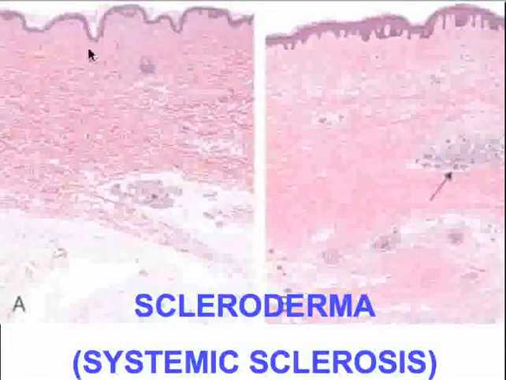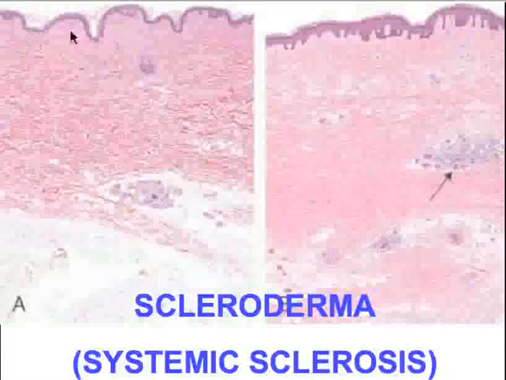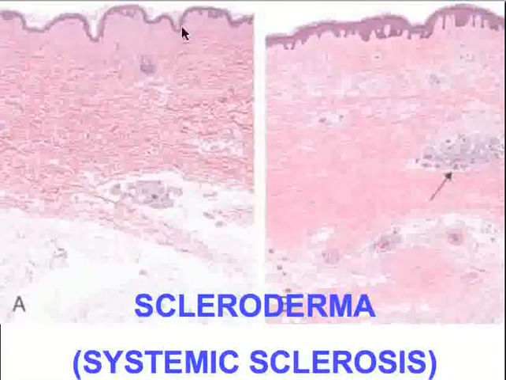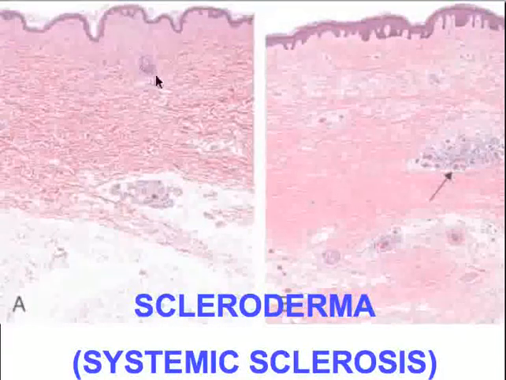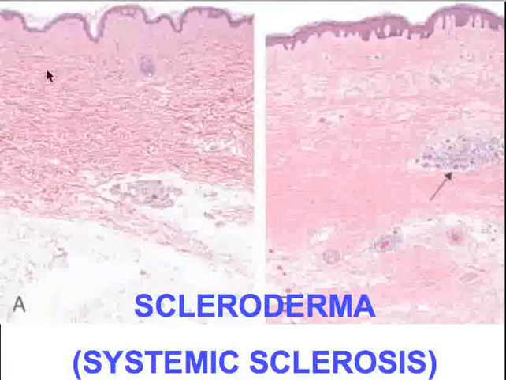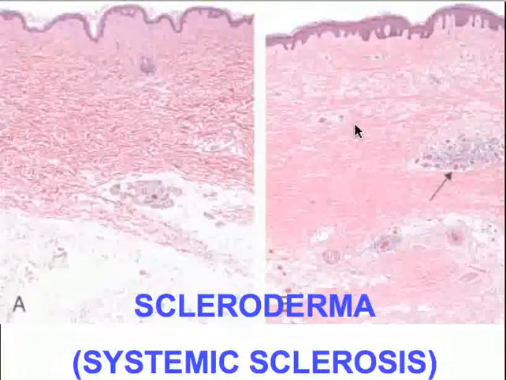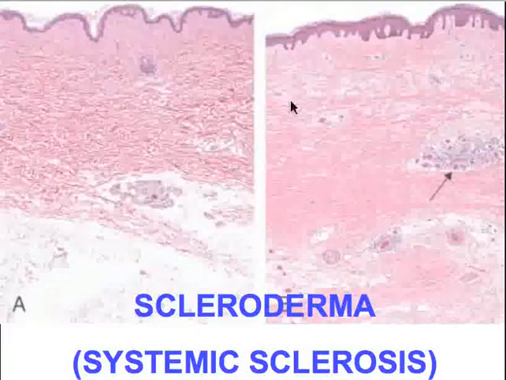If you would recognize this as being relatively normal skin, you can see a variety of skin appendages here extending into the dermis. You could see relatively good differentiation between papillary dermis and reticular dermis. Well, in scleroderma, this is all fibrotic. You have loss of skin appendages.